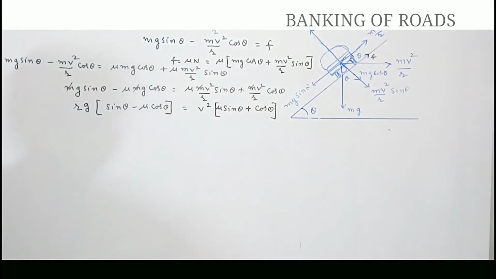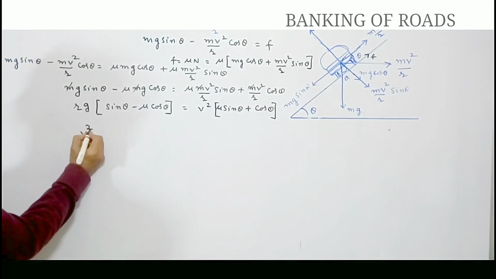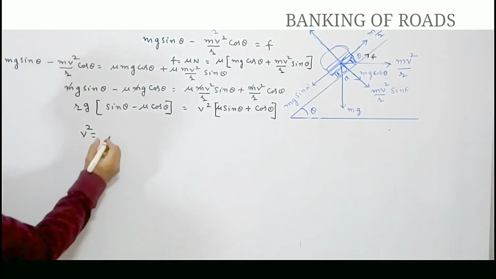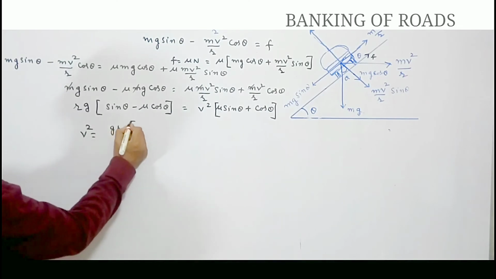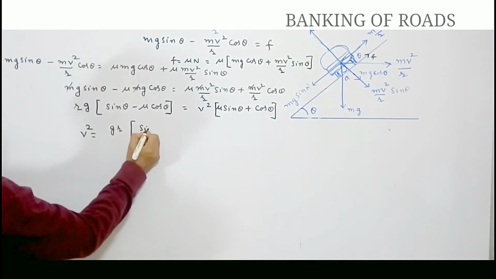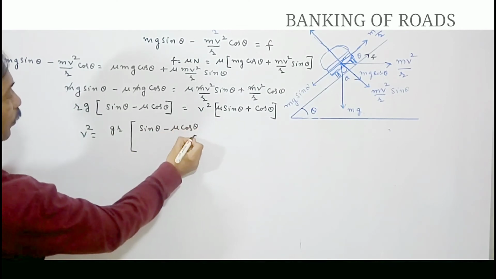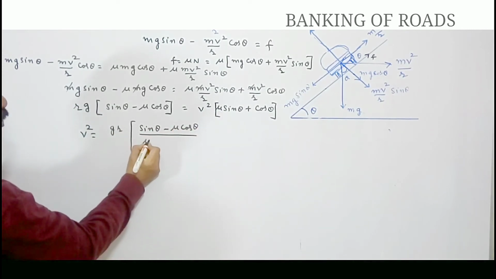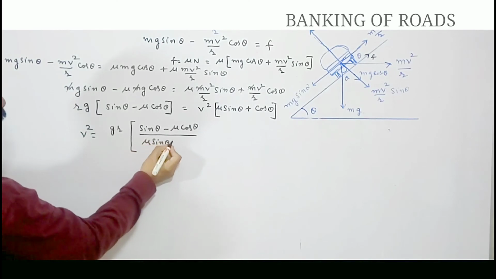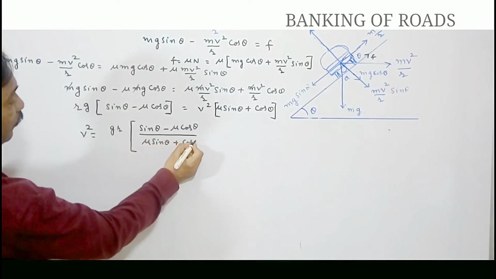Then v square can be written as gr of sin theta minus mu cos theta by mu sin theta plus cos theta.